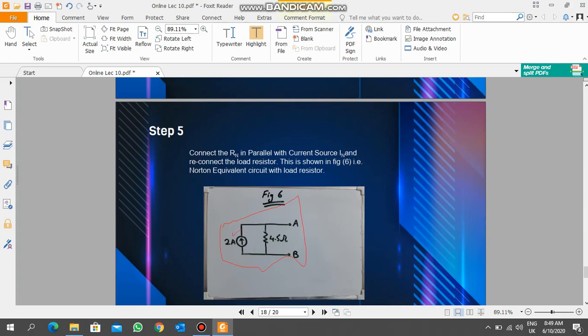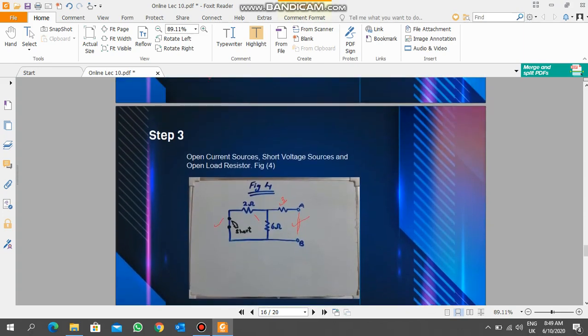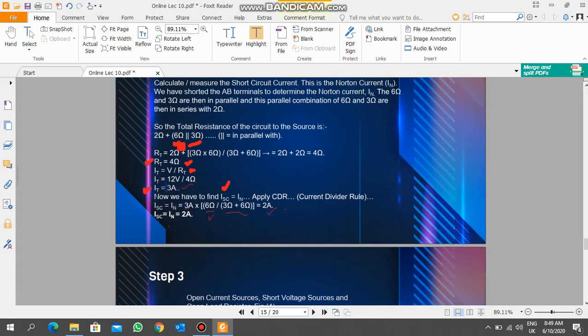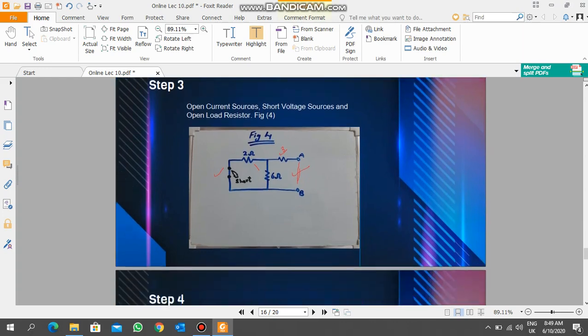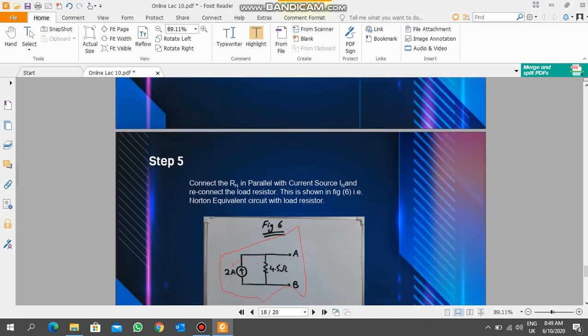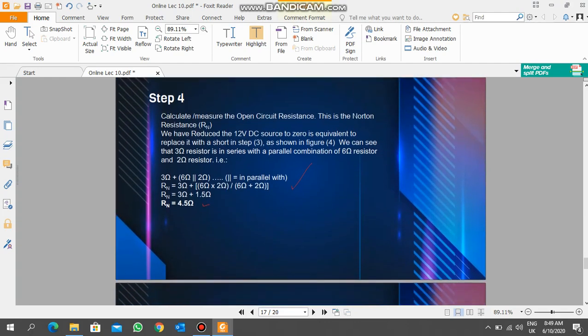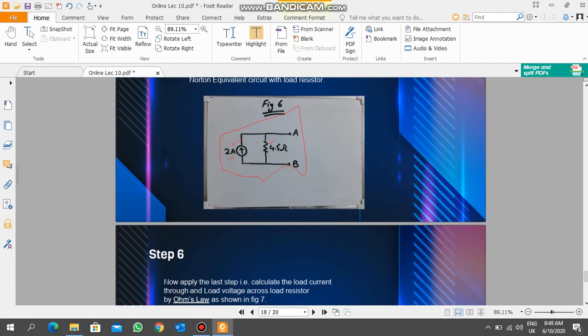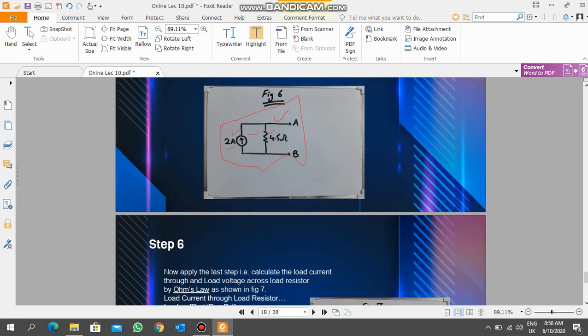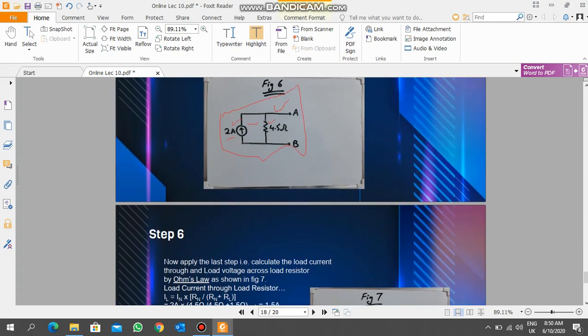So the formula is total current into internal resistance divided by R3 plus Ri. So IT into Ri over R3 plus Ri.